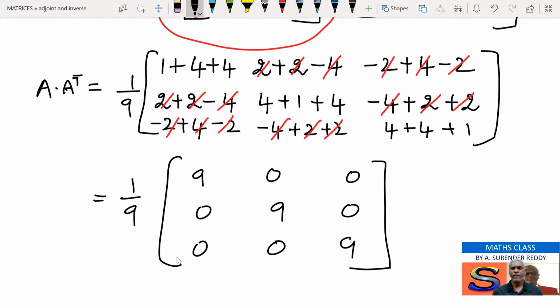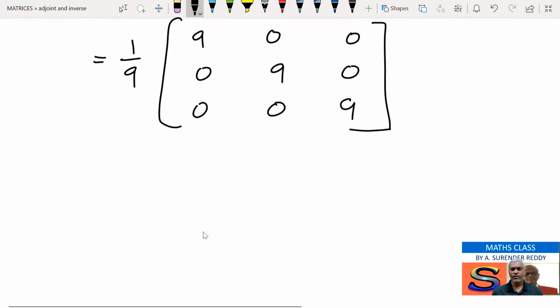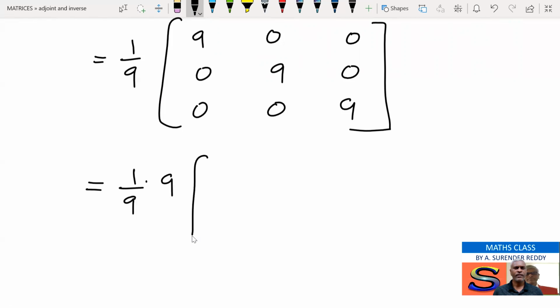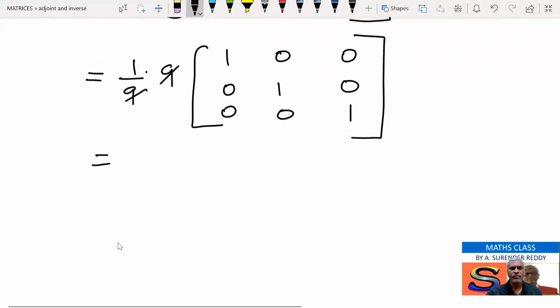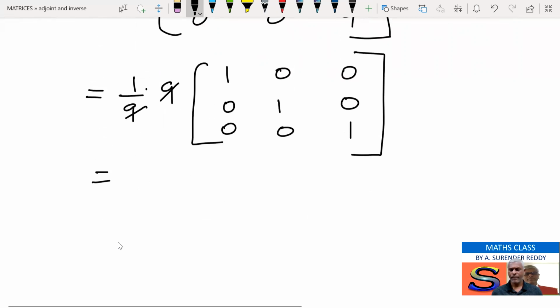We get this one, and taking 9 common, taking 9 outside, this becomes 1 0 0, 0 1 0, 0 0 1. So 9 and 9 will get cancelled.